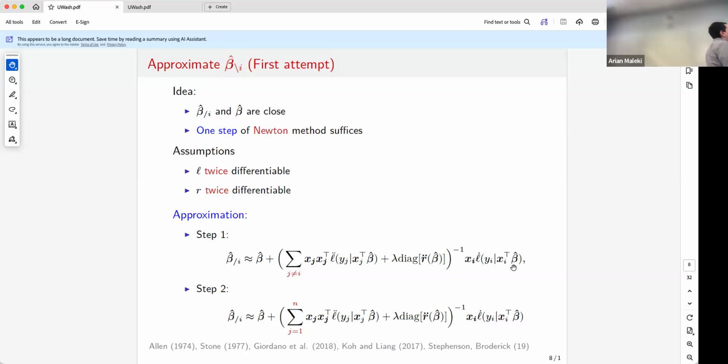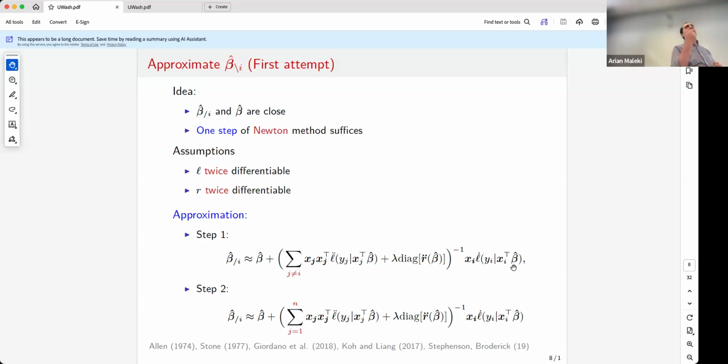So what Stone suggested in his analysis in 1977 was that this matrix is a bunch of rank one matrices that we are adding to each other. So this is n minus one of them. If I add another rank one matrix here, it's not going to change things much, since n is very large.